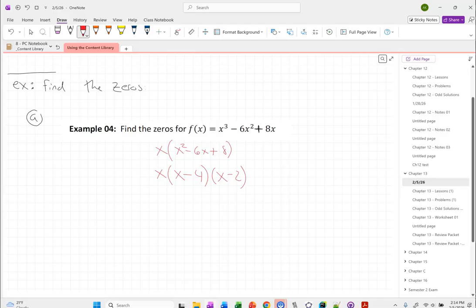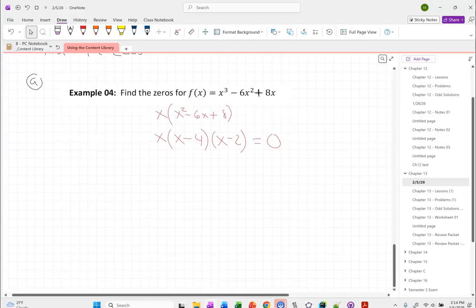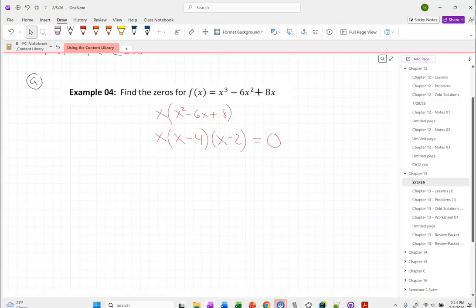To find the zeros, I then set this equal to 0. And then I apply the zero product property. What the zero product property says is, if I have some stuff and I multiply that stuff together and it equals 0, then at least one of those things that I multiplied together was 0.